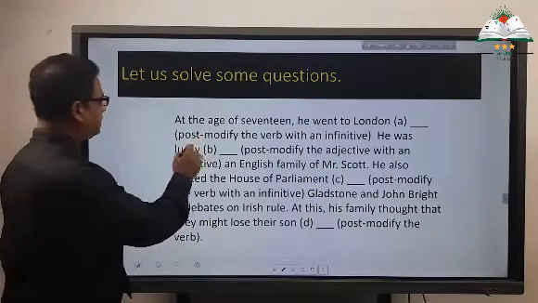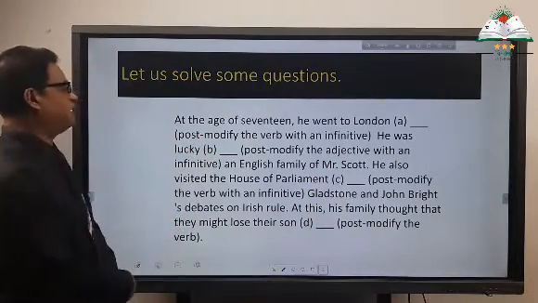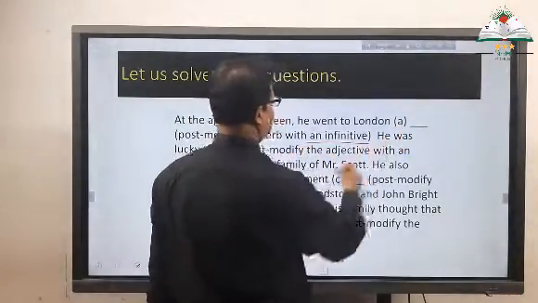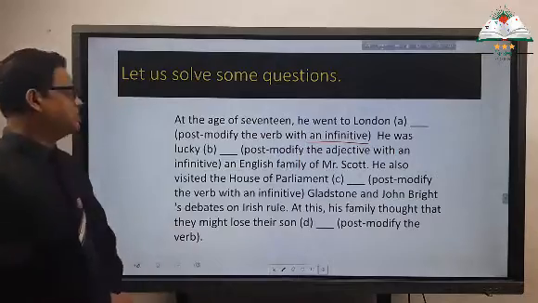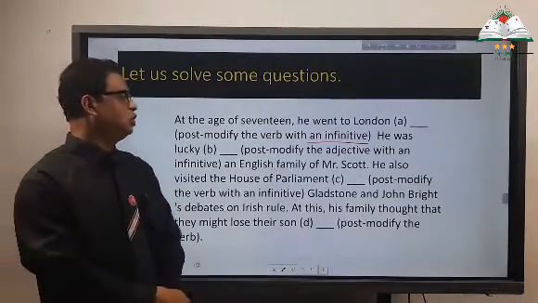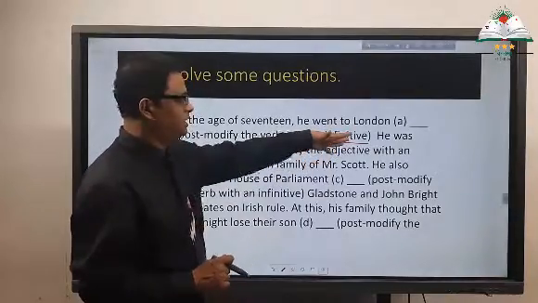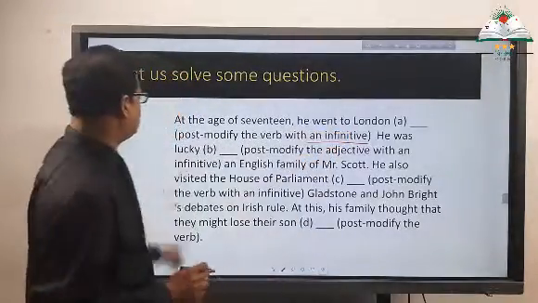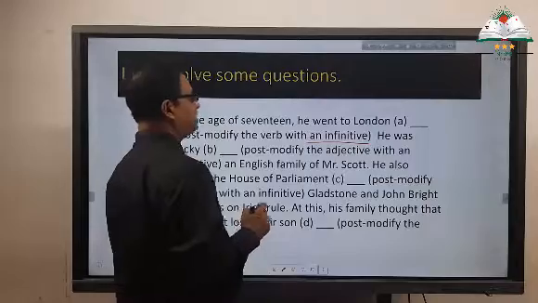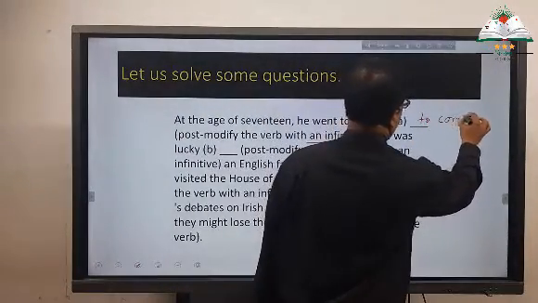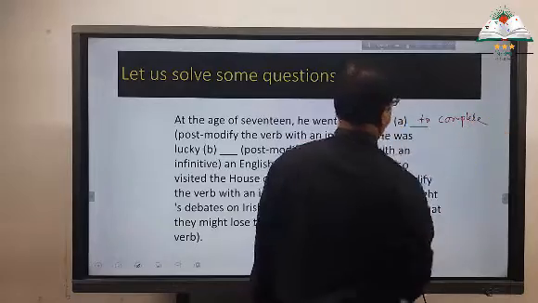What is written? Post modify the verb with an infinitive. Just before, we have learned infinitive. So, what can be written here? At the age of 17, he went to London to complete education.